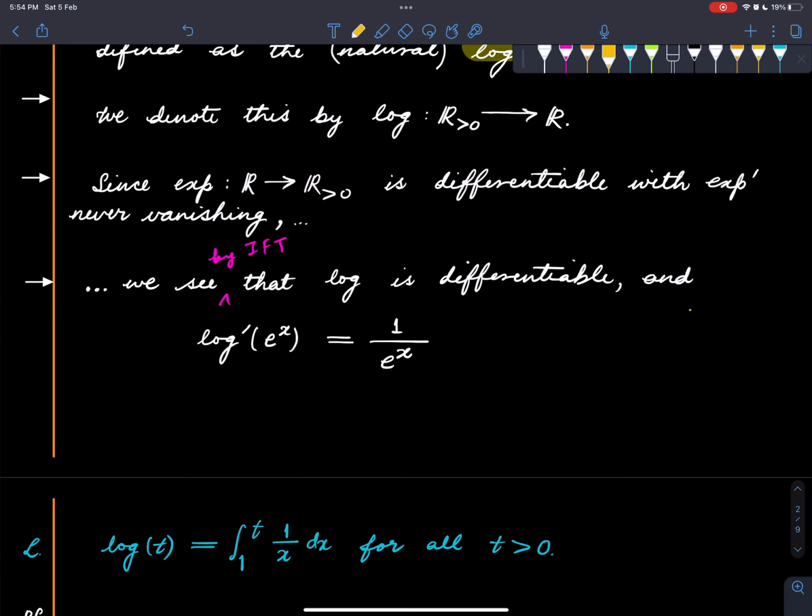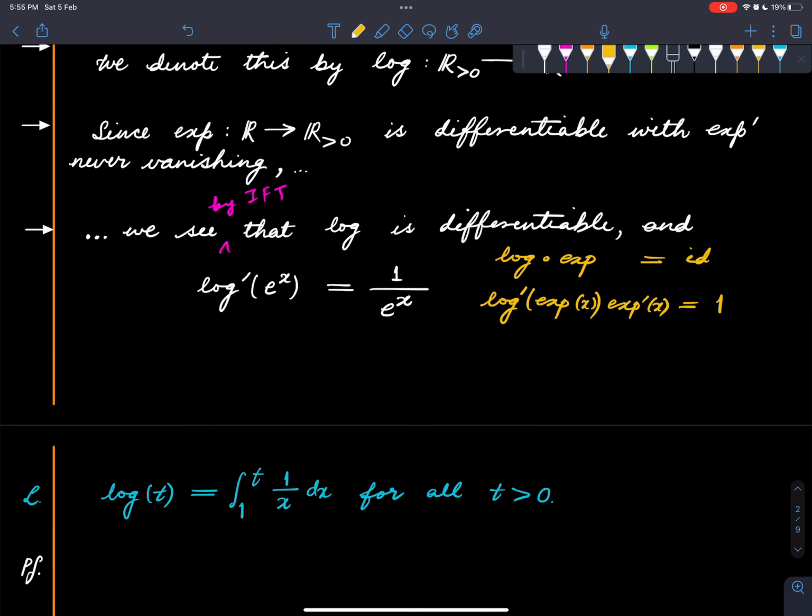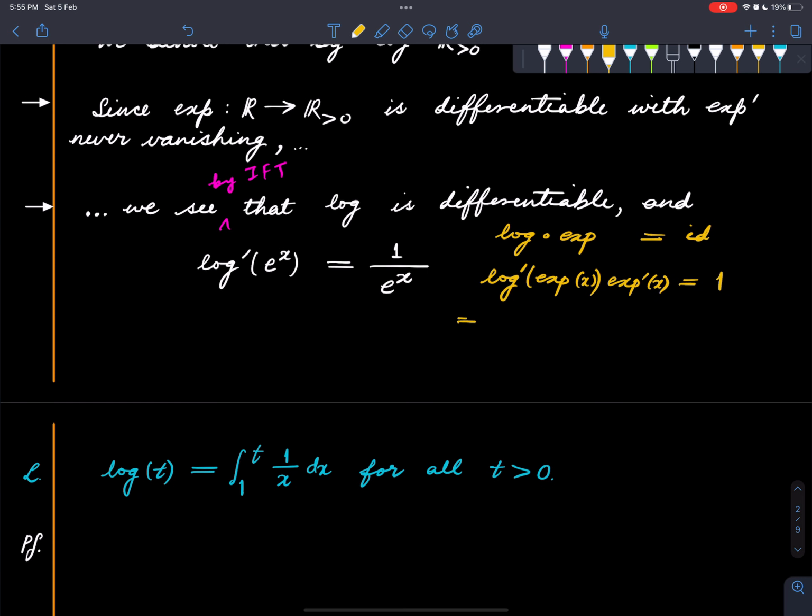What we have is log composed with the exponential is the identity. So by the chain rule, if we take the derivative of the left hand side at x, we see log prime of e to the x times e to the x is 1, because the derivative of the identity at any point is 1. So this gives us log prime of e to the x is 1 upon e to the x.